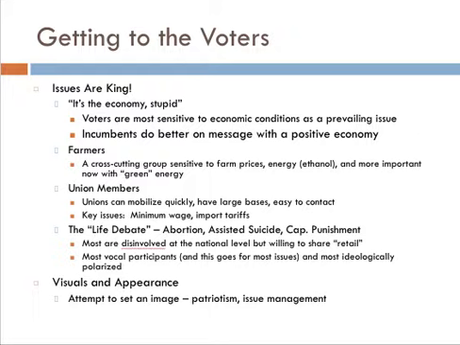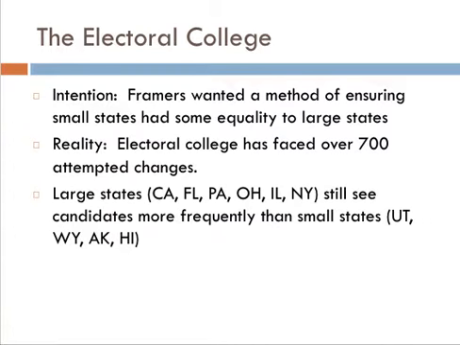You also want to have a good appearance to the voters, have this positive image, have some patriotism there as well. Now the Electoral College. Okay? The last thing, Electoral College here. The framers wanted a method of ensuring small states some equality to large states. Reality is, though, the Electoral College has faced over 700 attempted changes, right?